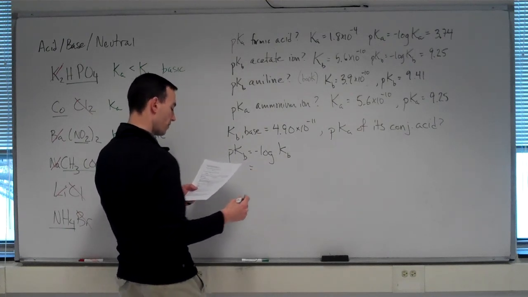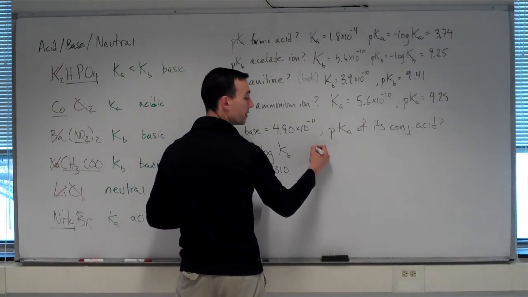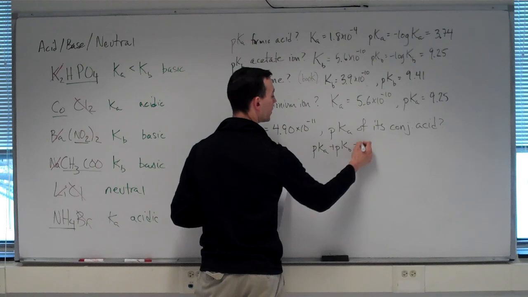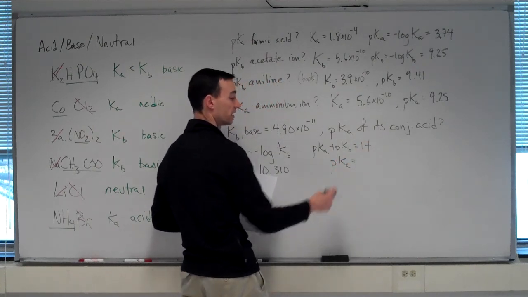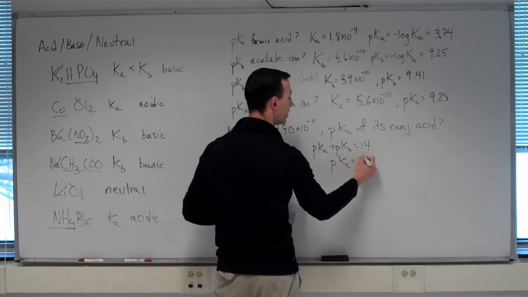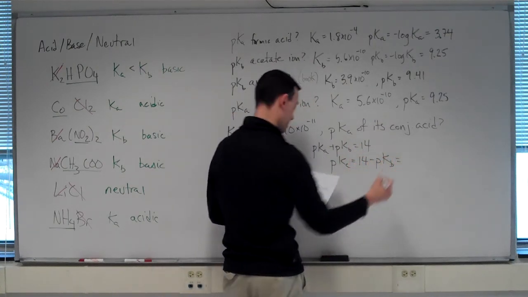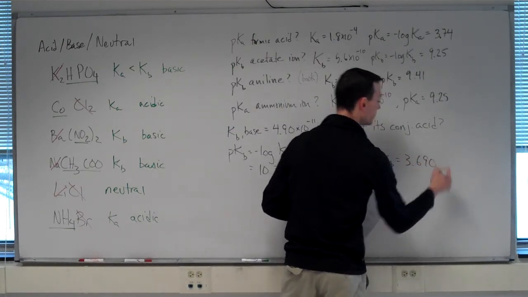So the pKb would be 10.310. And then because pKa plus pKb equals 14, the pKa of the conjugate, this is true only for a conjugate pair, will be 14 minus our pKb, or 3.690.